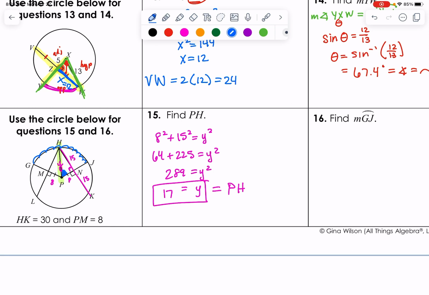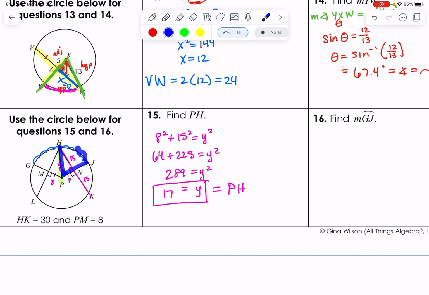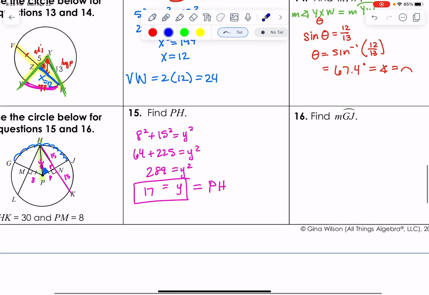Because once I have this angle, it equals this, and I know that this and this are congruent because of these symbols. So once I have this angle, I can just double it, and that will be my big arc. So to find this, again, it's a right triangle, that's SOHCAHTOA.